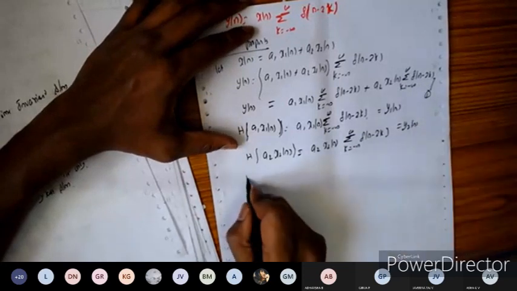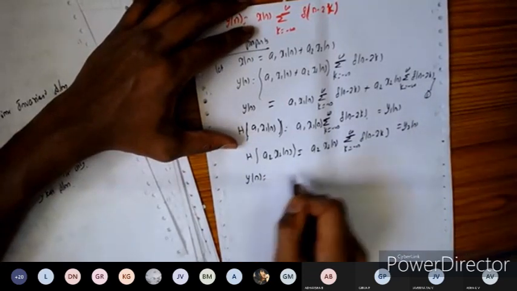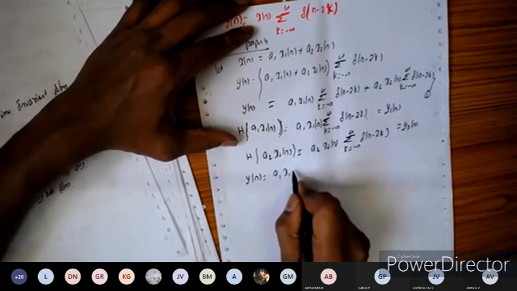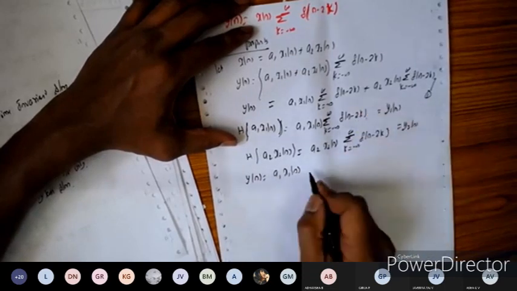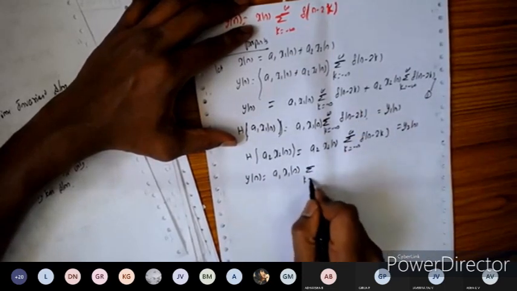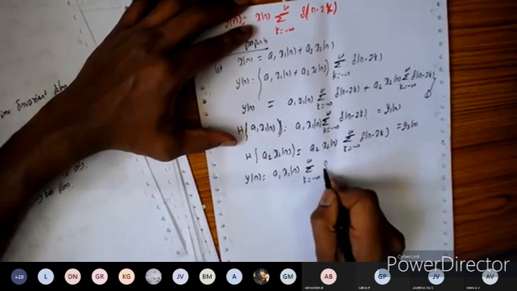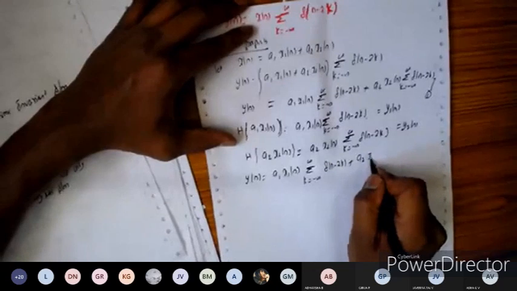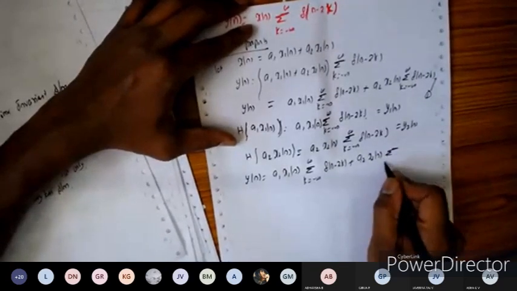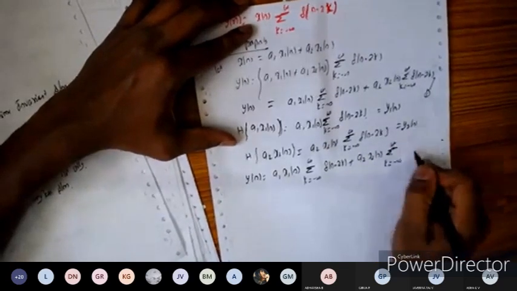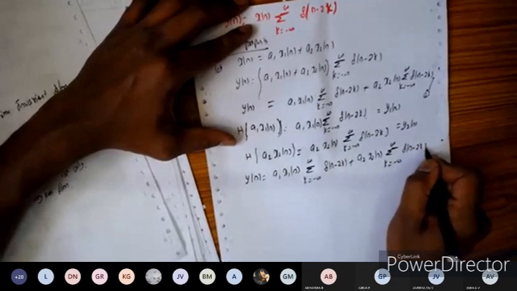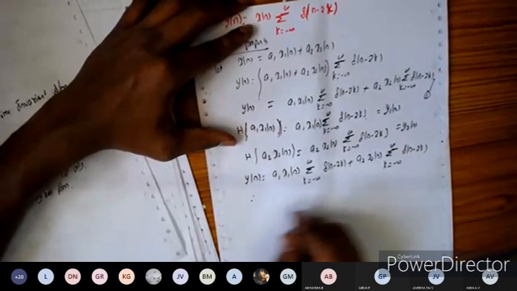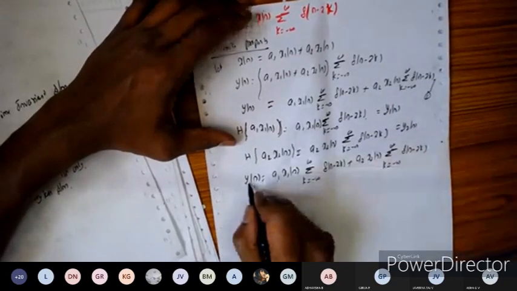Now add these two quantities. So y of n is equal to a1 into x1 of n into summation k equal to minus infinity to plus infinity delta of n minus 2k, plus a2 into x2 of n summation k equal to minus infinity to plus infinity delta of n minus 2k. I'll call this y3 of n.